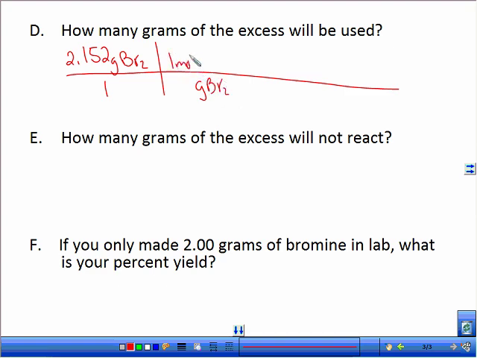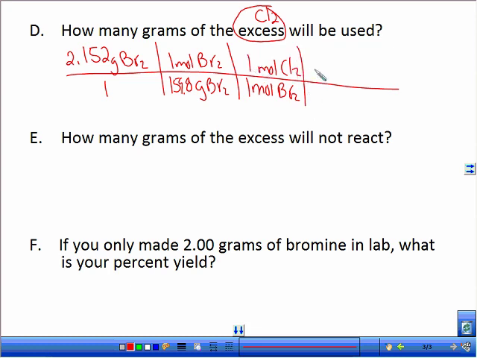1 mole of bromine equals 1. We already got these masses from before. And on the balanced equation is a 1. This time we're going to go to our excess. Our excess was chlorine because it was our excess reagent. So we're going to go to chlorine, and there was a 1 in the balanced equation.